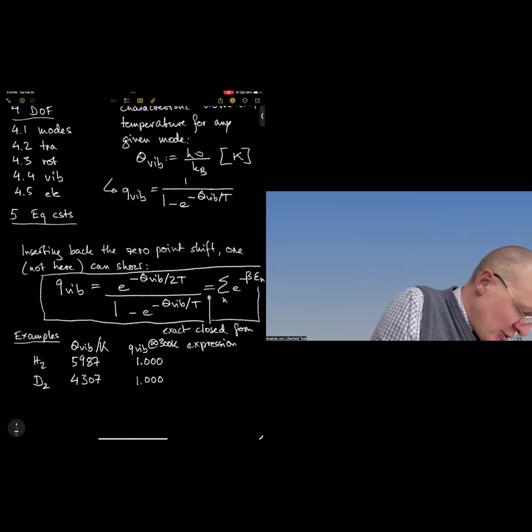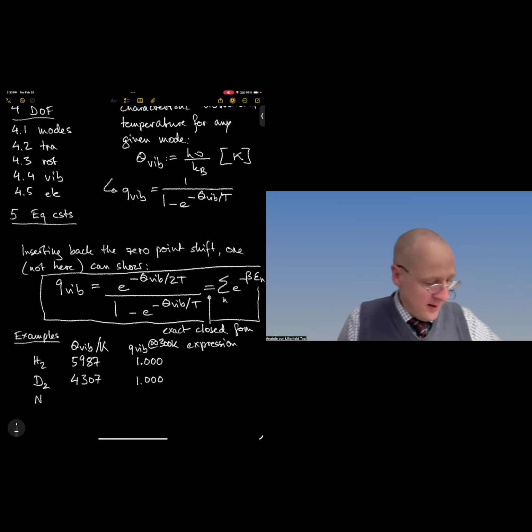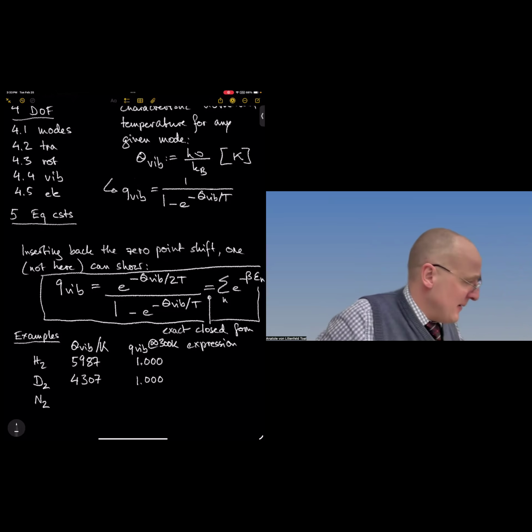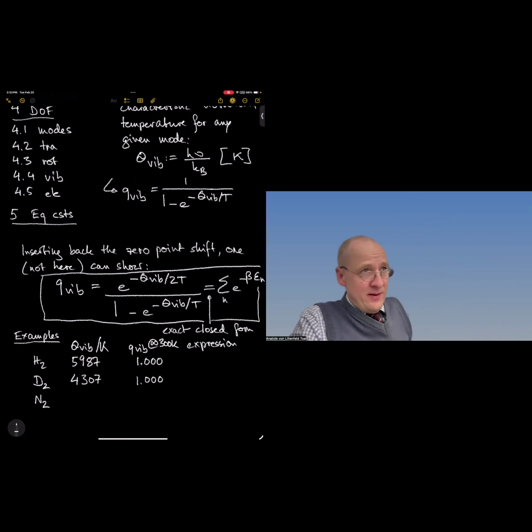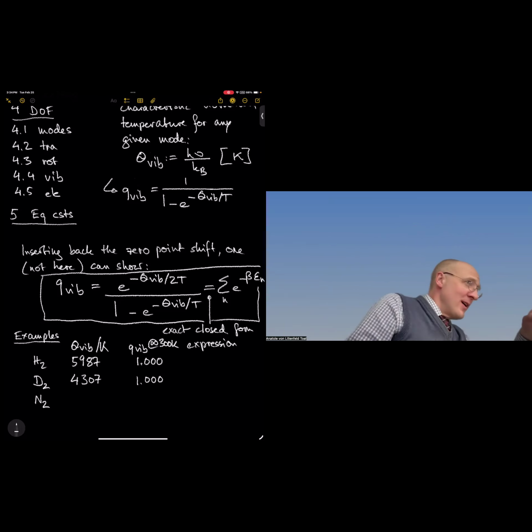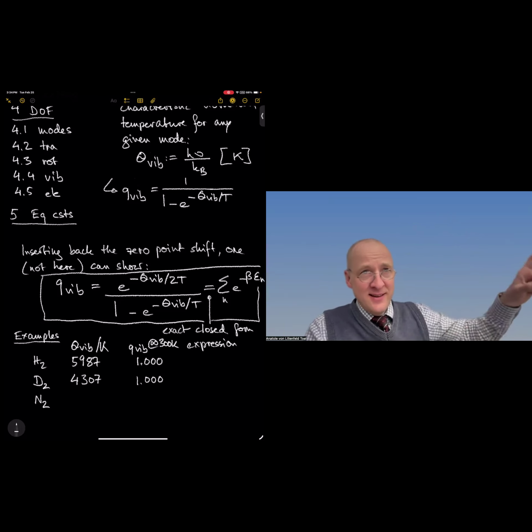Let's go to N2, one of the strongest bonds in this universe. And N2 is a triple bond, right? Should be quite stiff. So also high frequency. Now, please raise your hand if you believe the vibrational frequency of N2 is higher than H2. 1, 2.